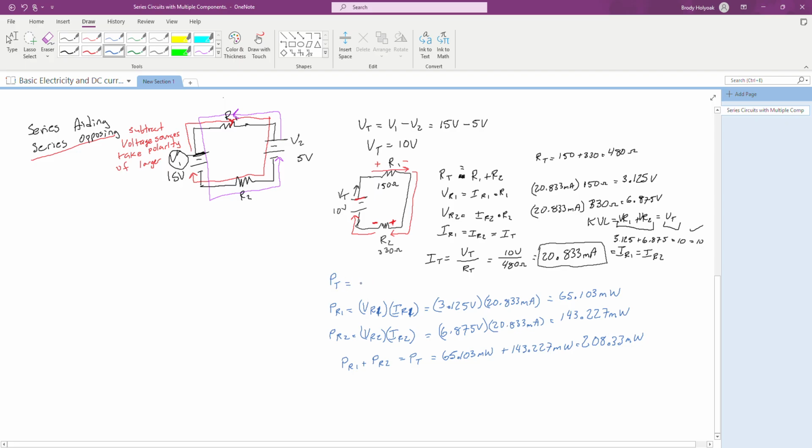So my power total, I'm going to use voltage total times current total. So 10 volts times my 20.833 milliamps. We plug that in, or we can just do it by moving the decimal because it's just by a 10. We get 208.33 milliwatts.